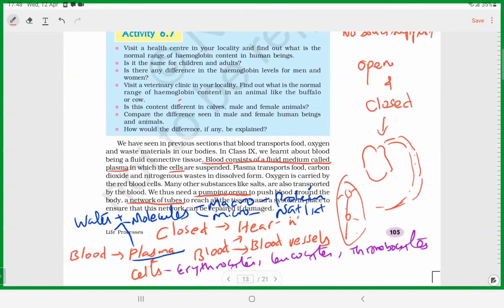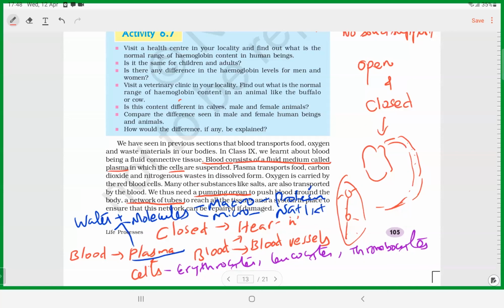White blood cells give us protection from the immune system, meaning foreign pathogens. If any foreign substance enters the body, white blood cells, called soldiers, protect us from the pathogens. Platelets help in the clotting of the blood. Very good. So you know about the blood.